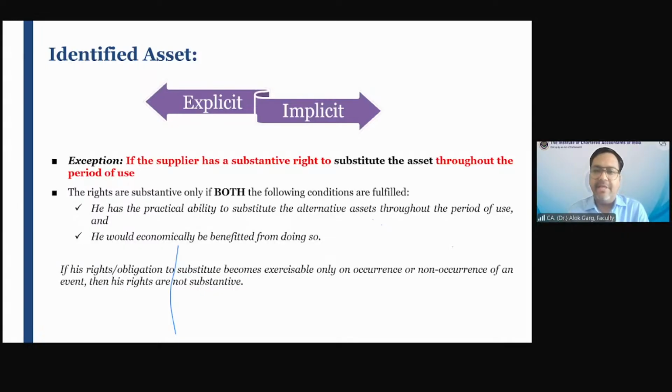Friends, here where lessor, who is airport authority, whether lessor has a substantive right to substitute the asset? Yes, sir. So lessor has a practical ability to replace the asset for his own benefit, right?